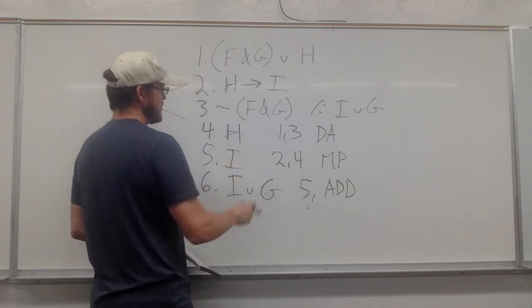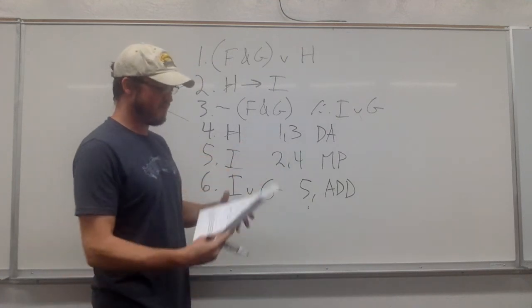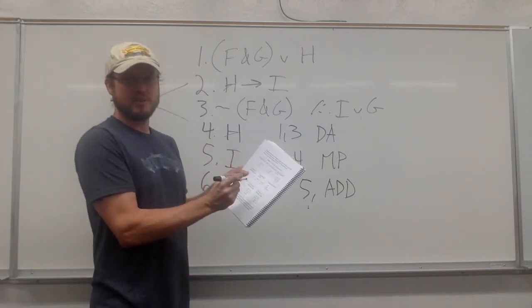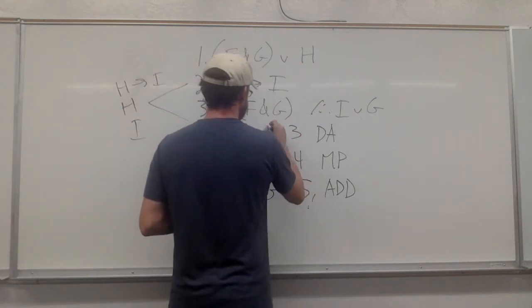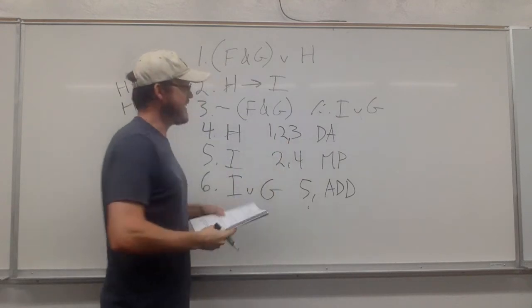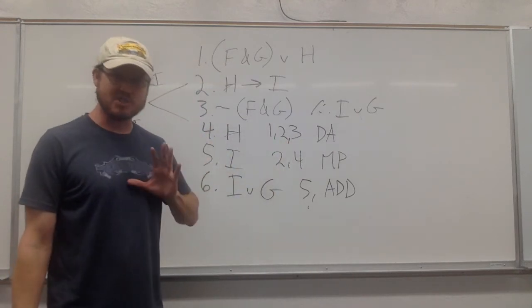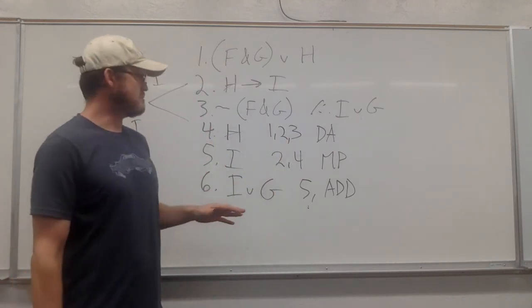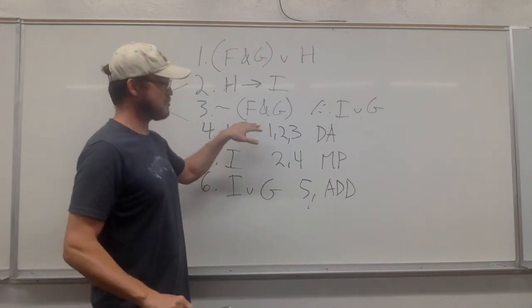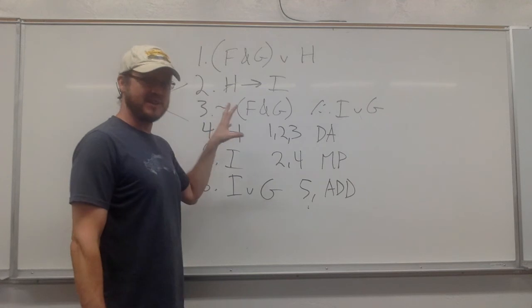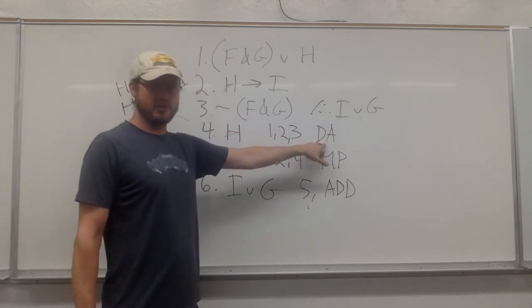So whichever rule you're using, it's going to have to refer to the amount of premises in that argument. So for instance, if I were to write something like this on a disjunctive argument, 1, 2, and 3, that couldn't possibly be right. That just deductively cannot be true, because the disjunctive argument only has 2 premises. And these line numbers refer to specifically the amount of premises in that rule that you're using.